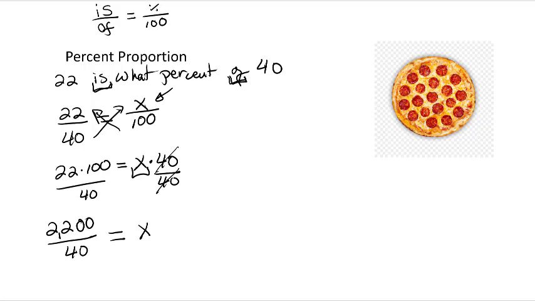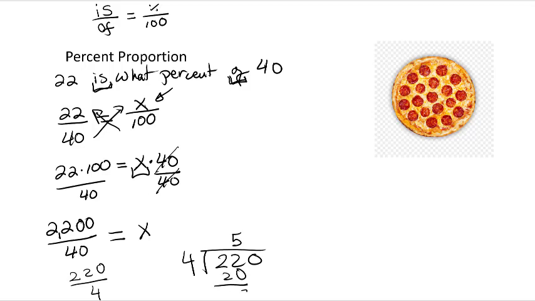So what is 2,200 divided by 40? Well, our first step, we can simplify this fraction by dividing both the numerator and the denominator by 10. Then we'll have 220 divided by 4. So what is 220 divided by 4? Well, 22 divided by 4 is just 5. 5 times 4 is 20.